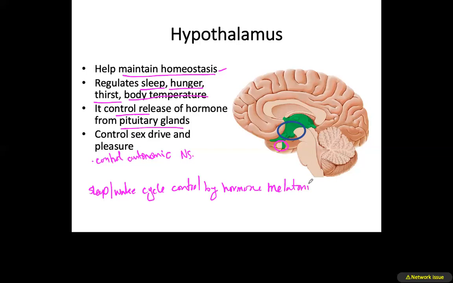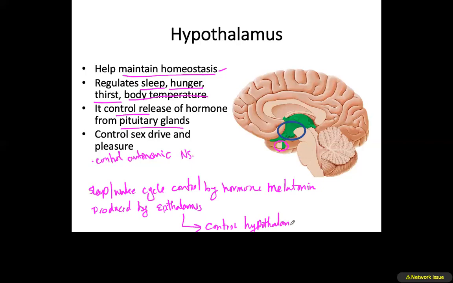Melatonin. So this hormone is produced by a structure of the brain called epithalamus. Epithalamus is under the control of the hypothalamus.